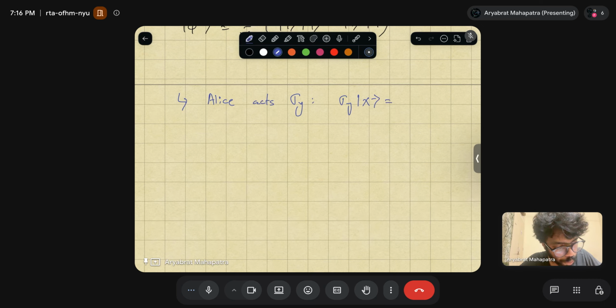If she operates sigma y on chi minus, that will give minus i overall, which is just a phase, with phi plus, so she will get phi plus.